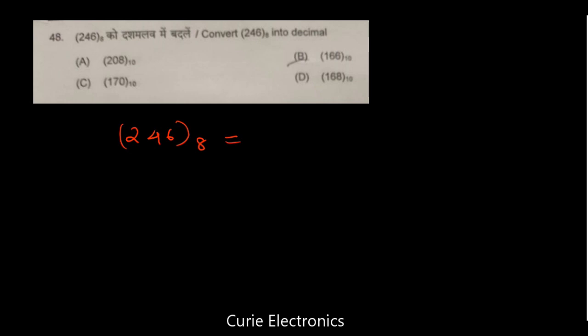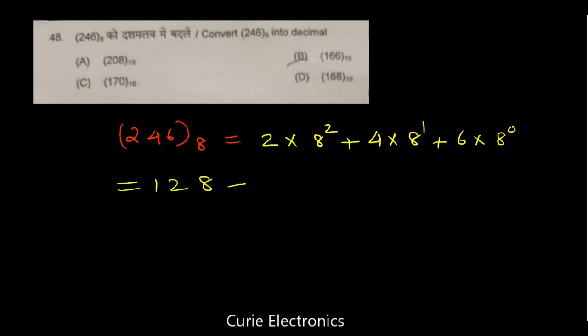So here we use the power method, that is 2 multiplied by 8 to the power 2 plus 4 multiplied by 8 to the power 1 plus 6 multiplied by 8 to the power 0. So 128 plus 32 plus 6. So 166 decimal. So the answer is option B.